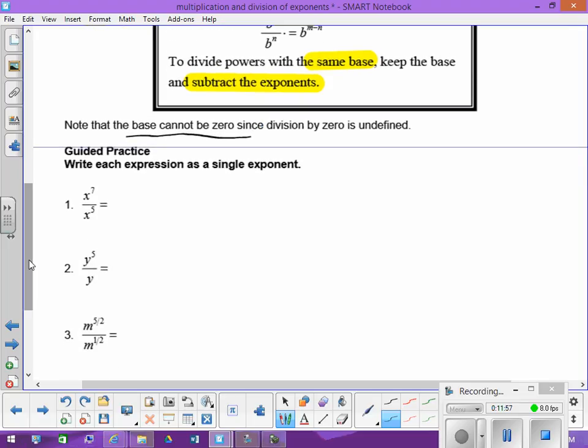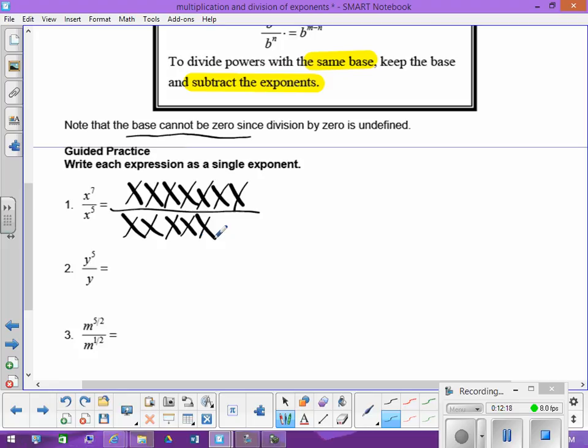Okay, so if we look at this, again, if you can follow the rule, you're not missing them, no problem. If you're missing them, you need to be writing it out. So, if I have x to the 7th, 2, 3, 4, 5, 6, 7. On the bottom, 1, 2, 3. Do we have to draw all those x's? I want you to on this one, but later you don't have to.